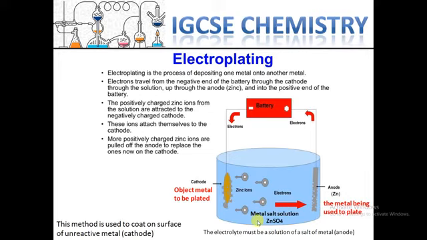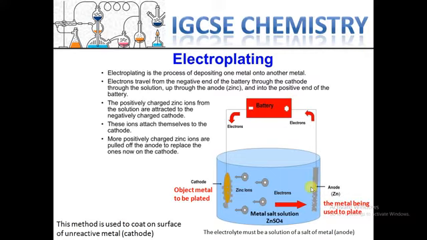So we use a metal salt solution. The electrons can move toward the anode, which is zinc, the metal being used to plate. When the zinc breaks down, the zinc ions can move towards the cathode. The battery helps the current of electrons, taking electrons from the anode.